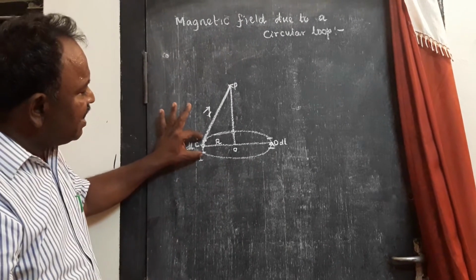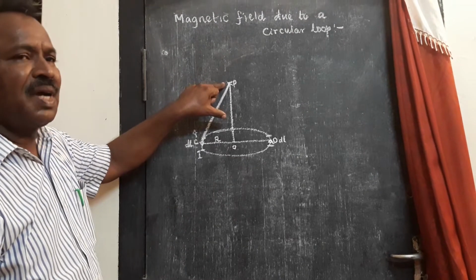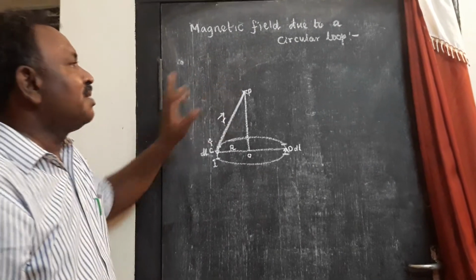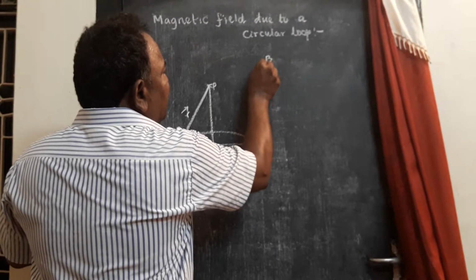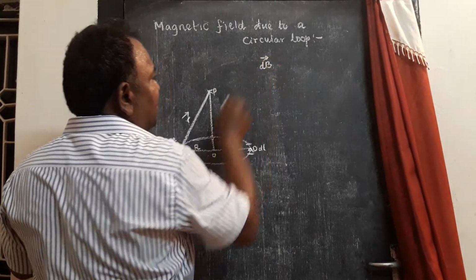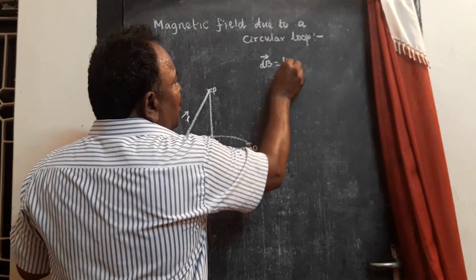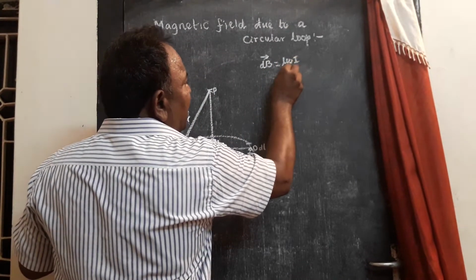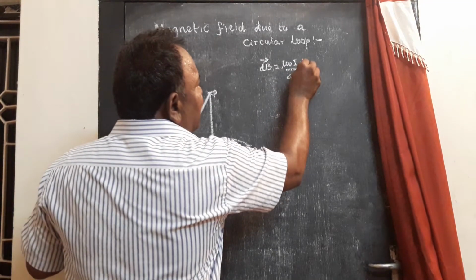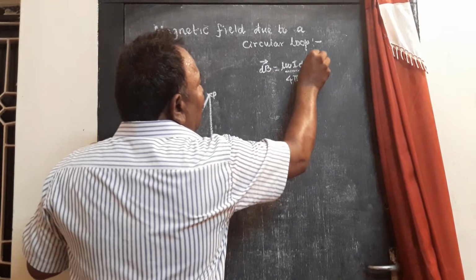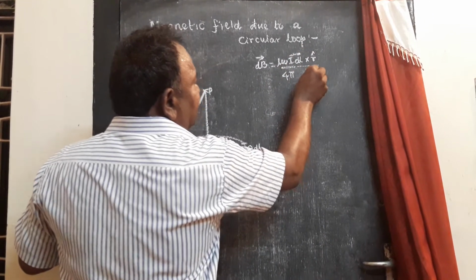So due to this current element, the magnetic field induced at this point is given by Biot-Savart's law. The magnetic field dB due to this current element is equal to mu naught I by 4 pi, I dl cross r cap by r square.